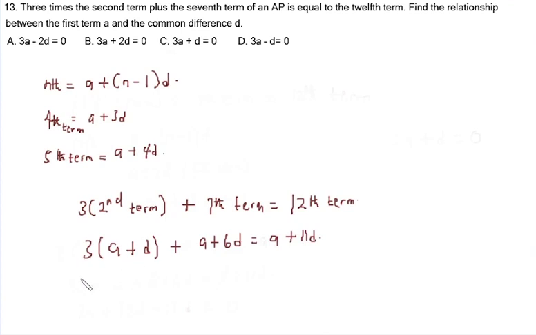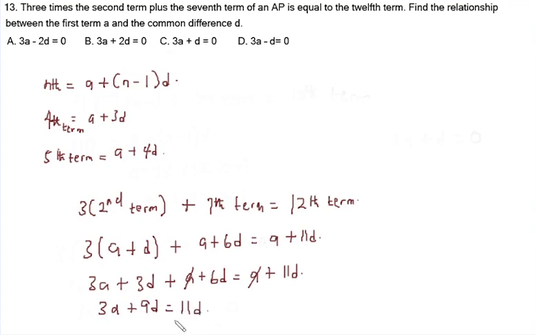So from here, if we expand the brackets, we have 3a plus 3 times d is 3d plus a plus 6d is equal to a plus 11d. Okay, so a cancels out a on both sides of the equation, and then we have 3a plus 3d plus 6d is 9d is equal to 11d.